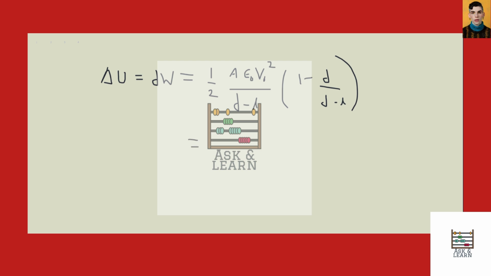So answer in this case is simply half A epsilon naught V naught square divided by D minus L square times L with the negative sign.